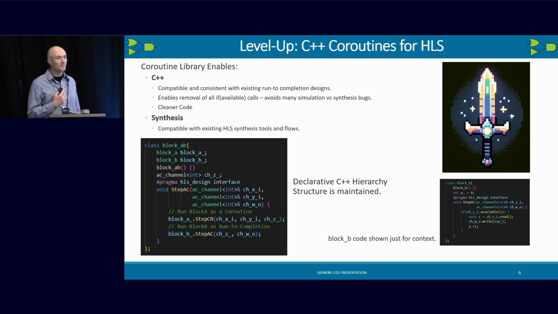We find that even just those availables are non-intuitive to people new to HLS. So we can get rid of those and clean up the code and generally make the code more intuitive and avoid those differences between synthesis and simulation, which is also very important in keeping everything simple.